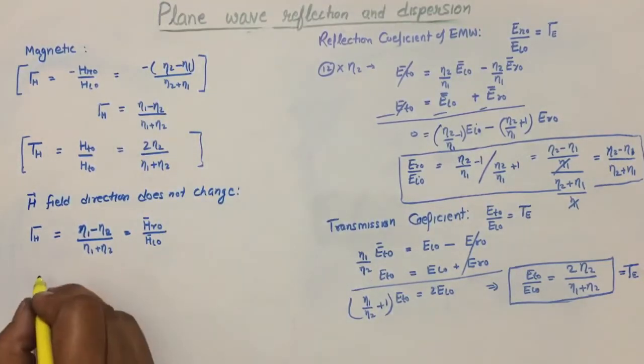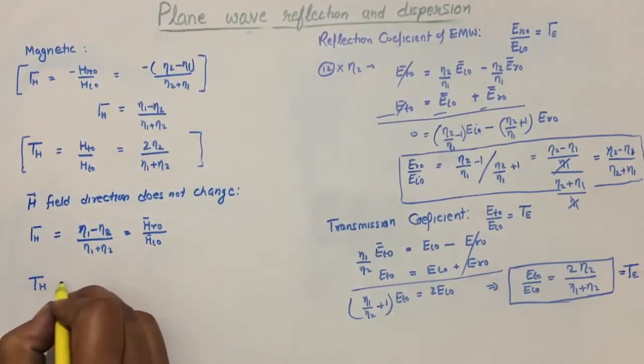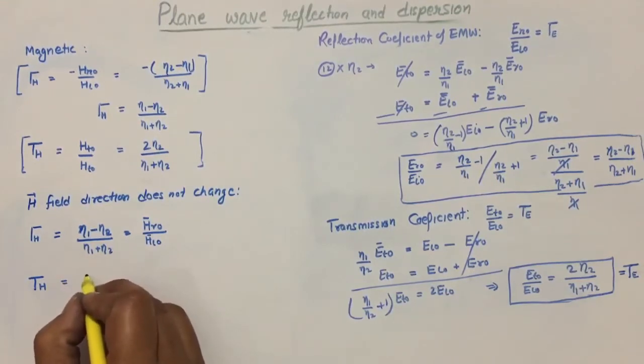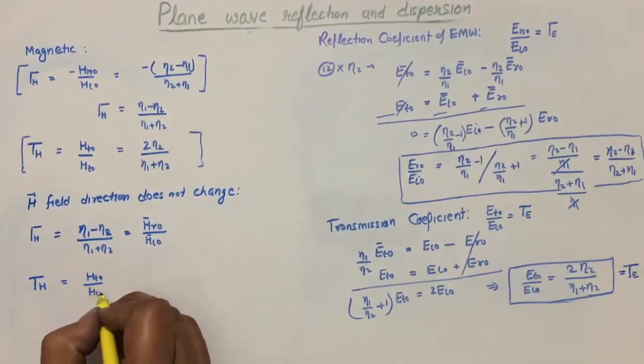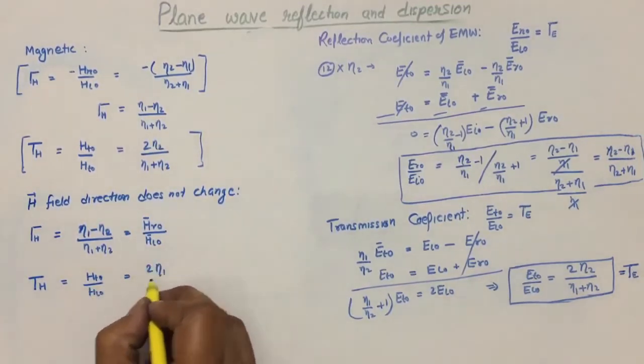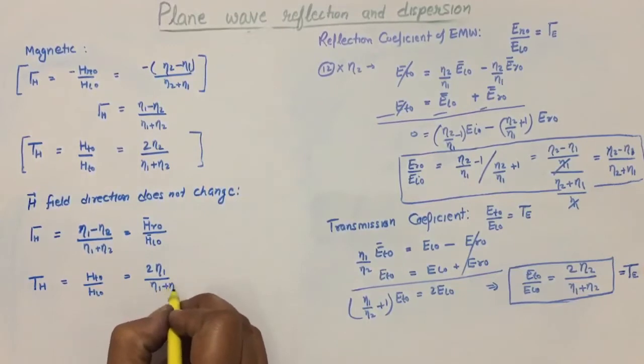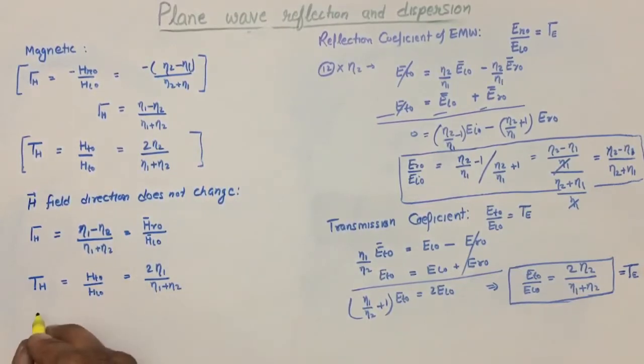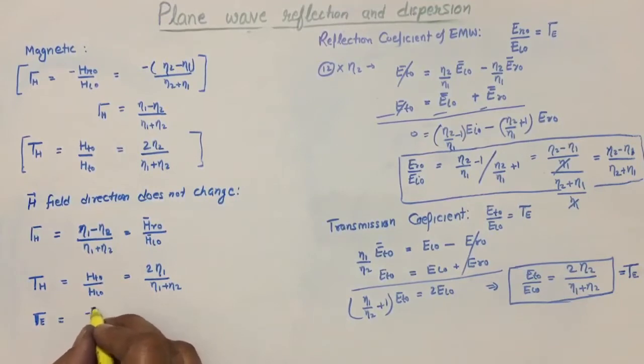Now the transmission coefficient will be transmission component divided by incident component. So this is eta 2, and the electric field in this case will be a reflection component when it is assumed that the magnetic field component direction does not change. It will be minus a reflection, because direction will change in the case of electric field.